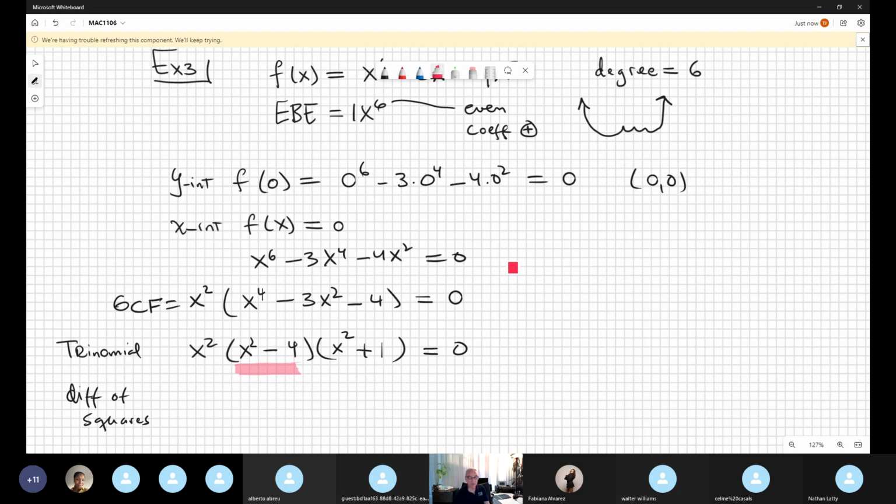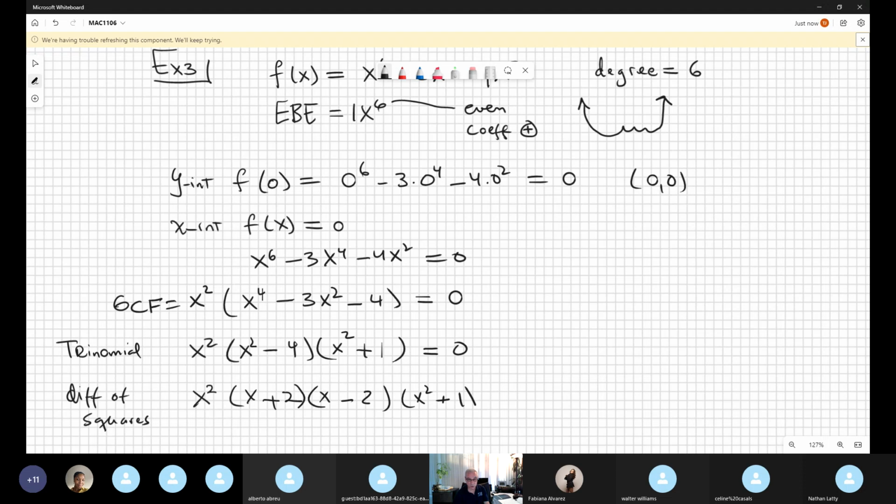Unfortunately, the sum of squares is an impossible factorization, a prime expression. Let's see what happened with this. Now we continue the factorization. I bring down x squared. I decompose x squared minus 4 like x minus 2 times x plus 2, and just bring down x squared plus 1.